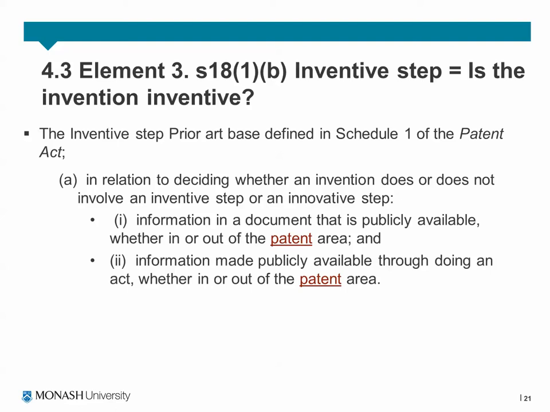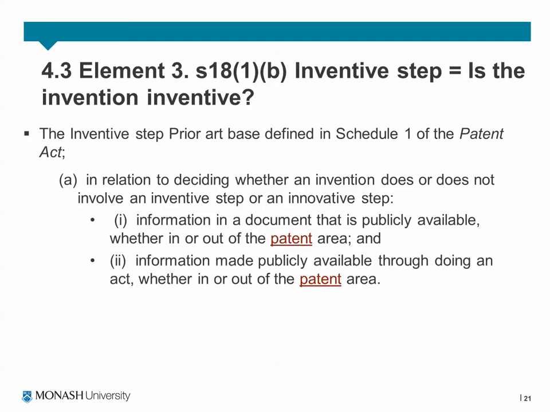Now, as similar to what we've seen with novelty, this is information in a document that's publicly available, whether inside or outside the patent area of Australia, and this requirement that it be in a document or in a patent is the absolute inventive requirement.